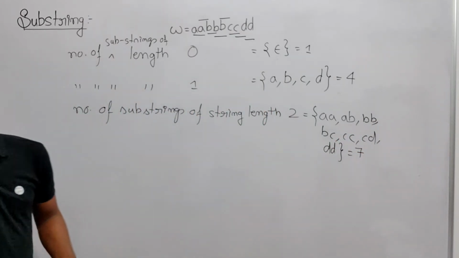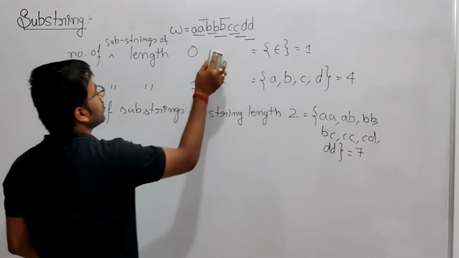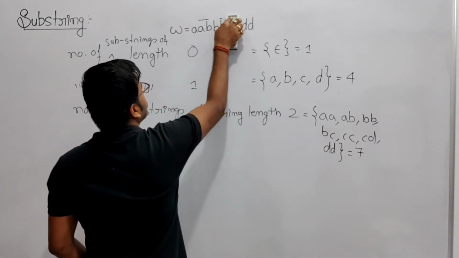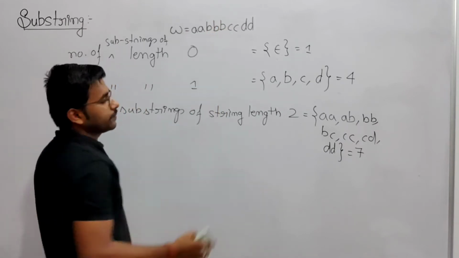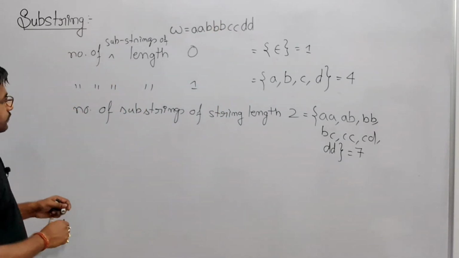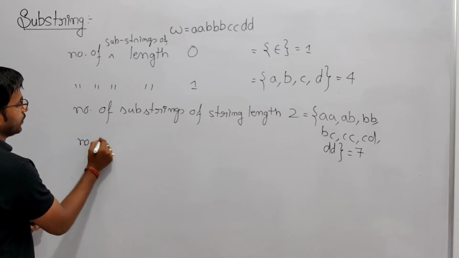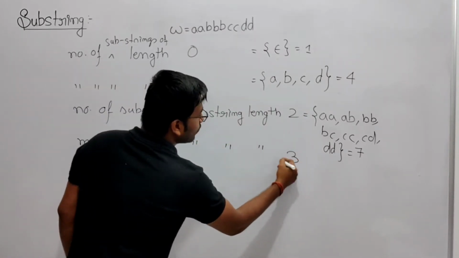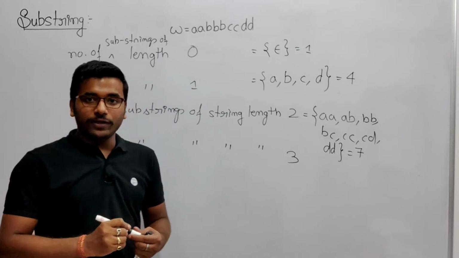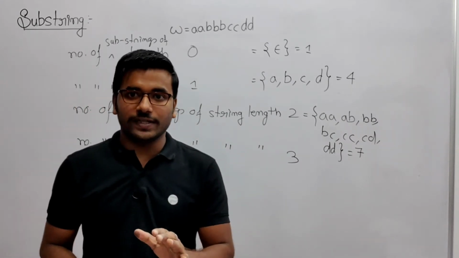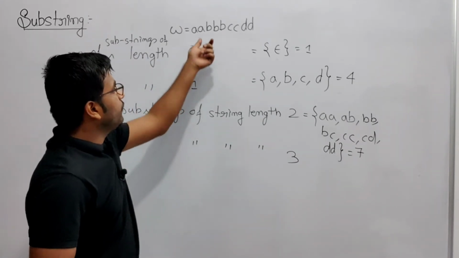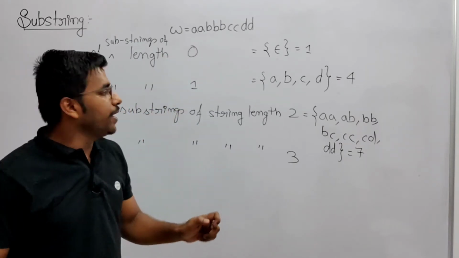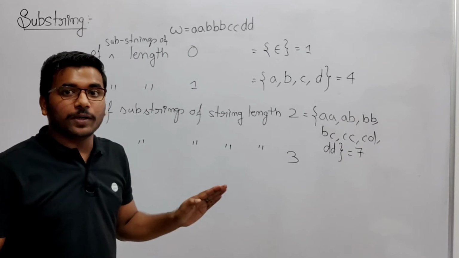Similarly, we will find the number of substrings of length 3. Till what point are we going to do this? We are going to individually find the substrings till the point we get the substring having maximum repetition. Which substring has the maximum repetition?